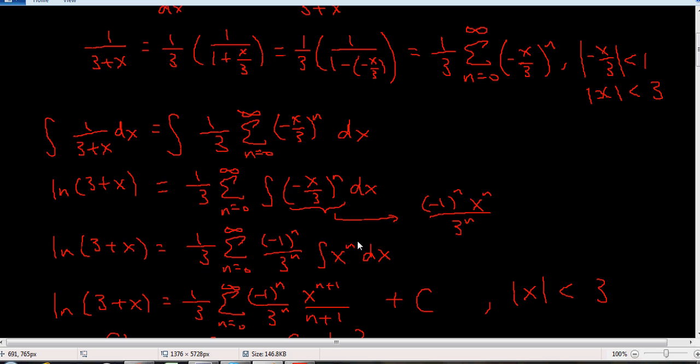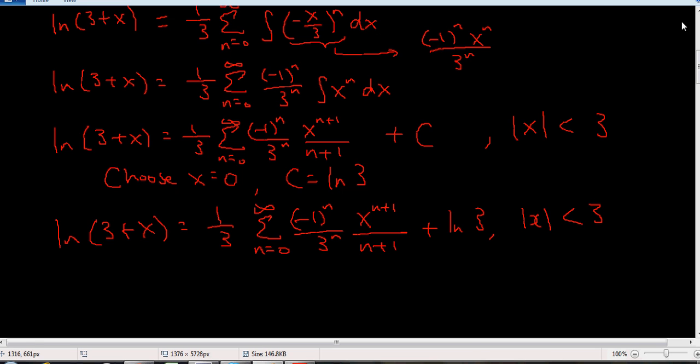So you're just left with x to the n dx, and according to power rule, it's x to the n plus 1 over n plus 1. We can do this for power rule as long as n is not -1, and n is not -1. So that's all good.